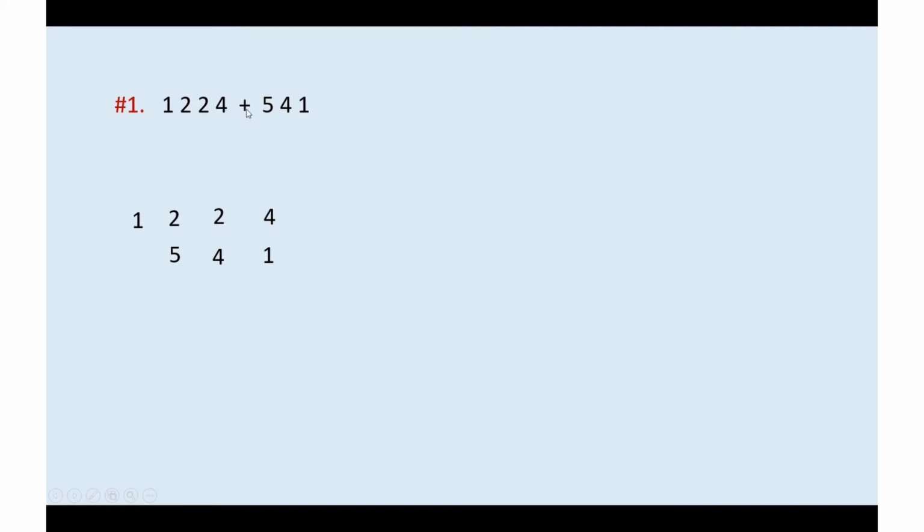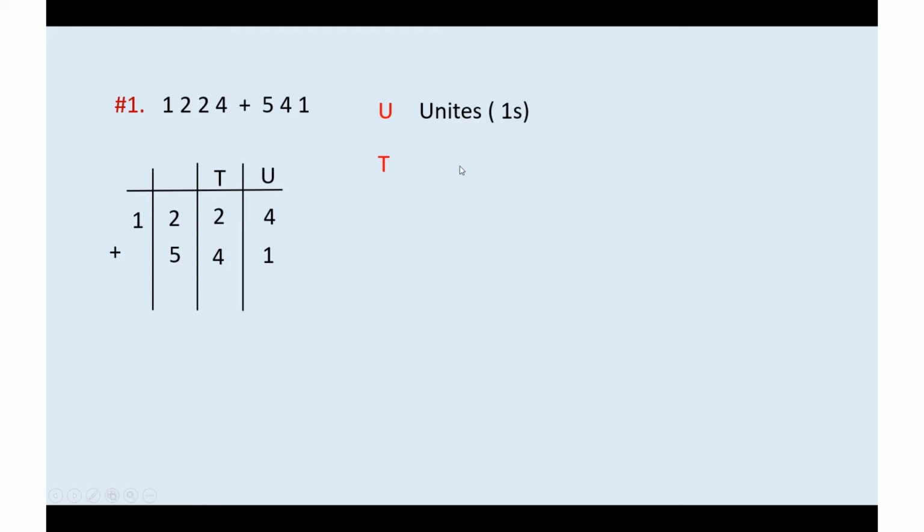And what are we doing? We are adding. So it is important we write our sign. And then we mark out our columns and label them. This first column is the units column. We write U. U stands for units or ones. This second column we write T. T stands for tens.